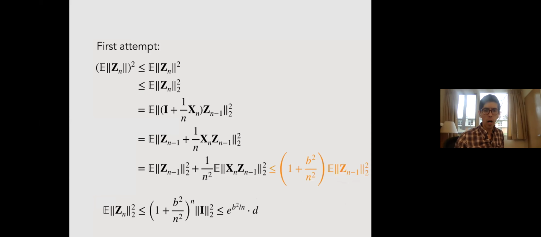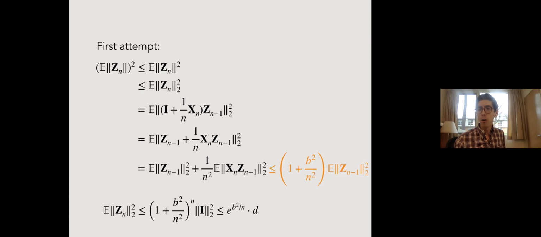If I iterate this argument, I can just keep pulling off one factor at each time until I get down to the identity matrix, which is what we started with. And what I get then, if I unroll this bound, is something that looks like e to the B squared over n times d.